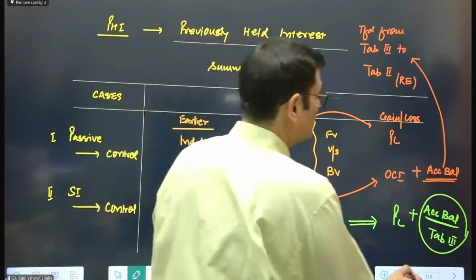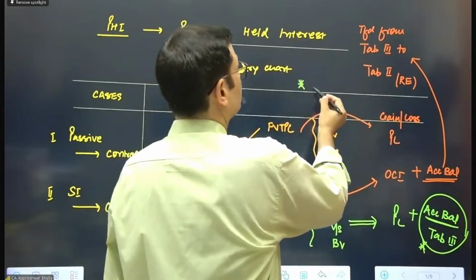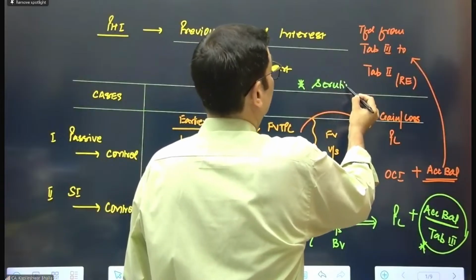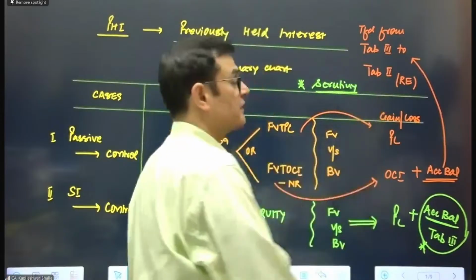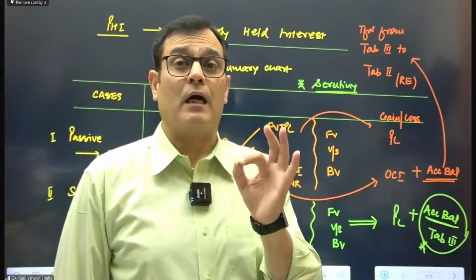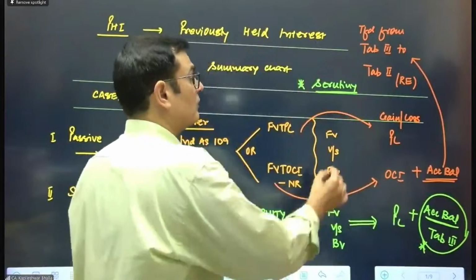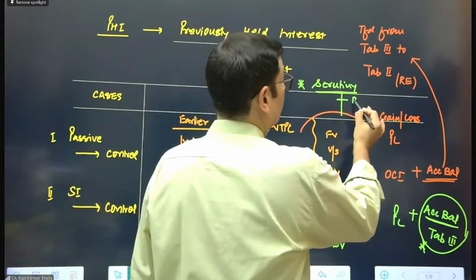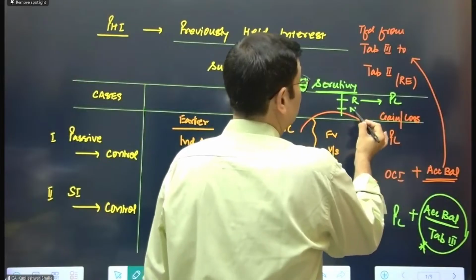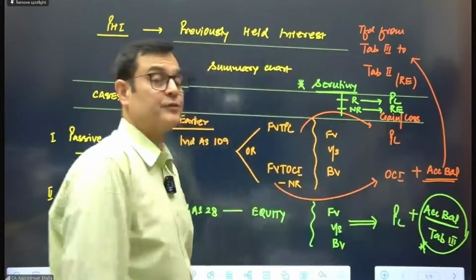But in this particular case, what you need to do is go for a scrutiny of this particular balance, because we need to identify which element is R and which element is NR. Then the element which is R is going to be transferred in the profit and loss. And the element which is NR is going to be transferred in the retained earnings.